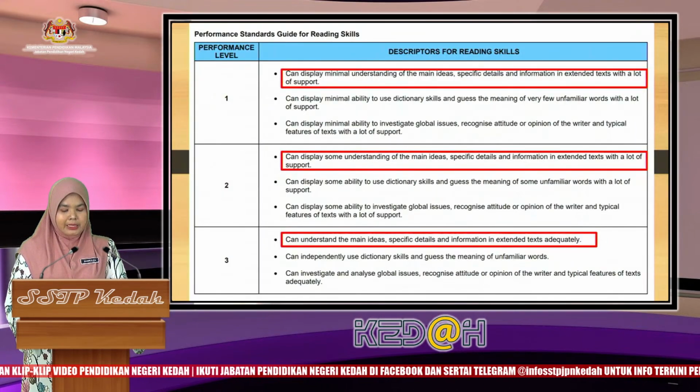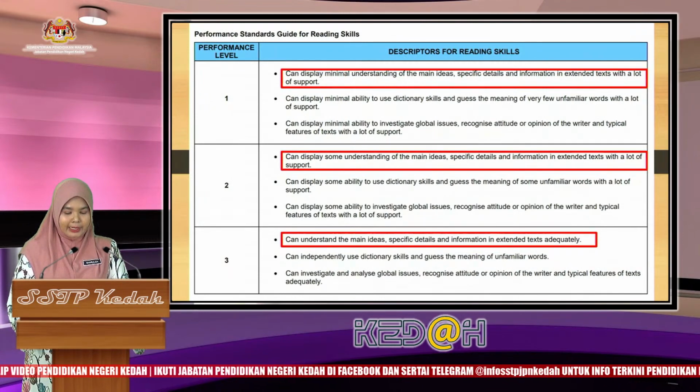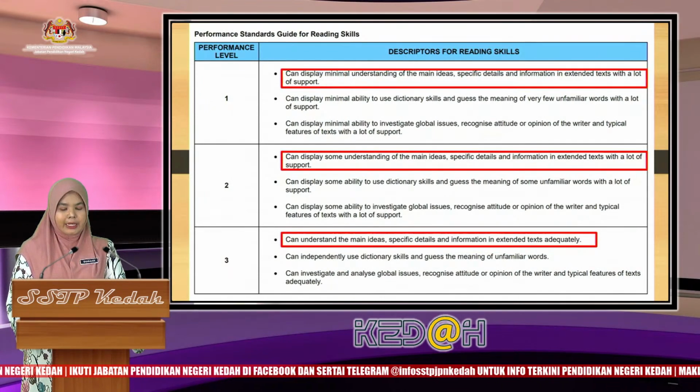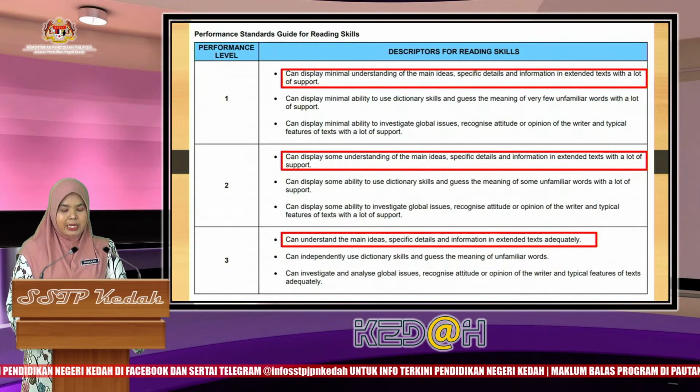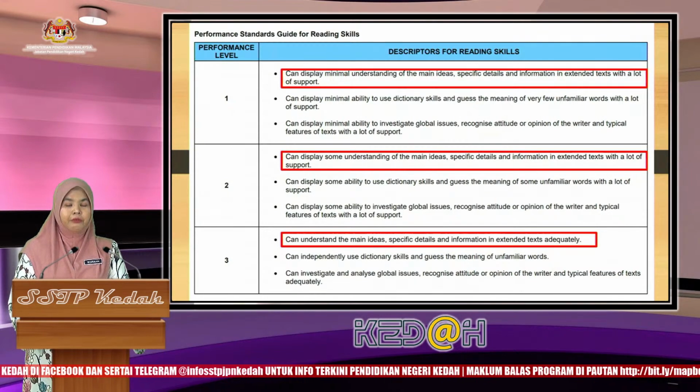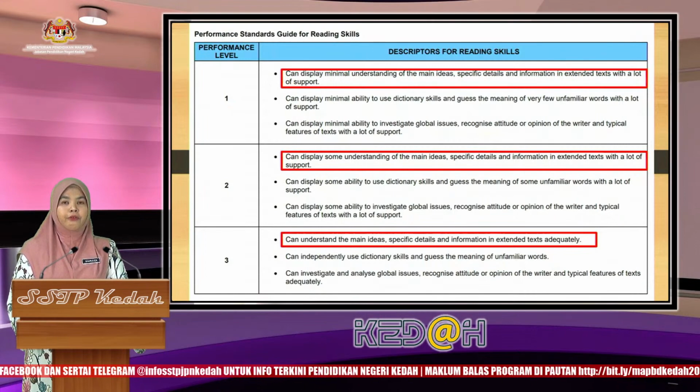From the SKP page 31, we get to see the Performance Standards Guide for reading. Please be sure to read the descriptors, highlight the important keywords and notes before you start planning for the assessment.